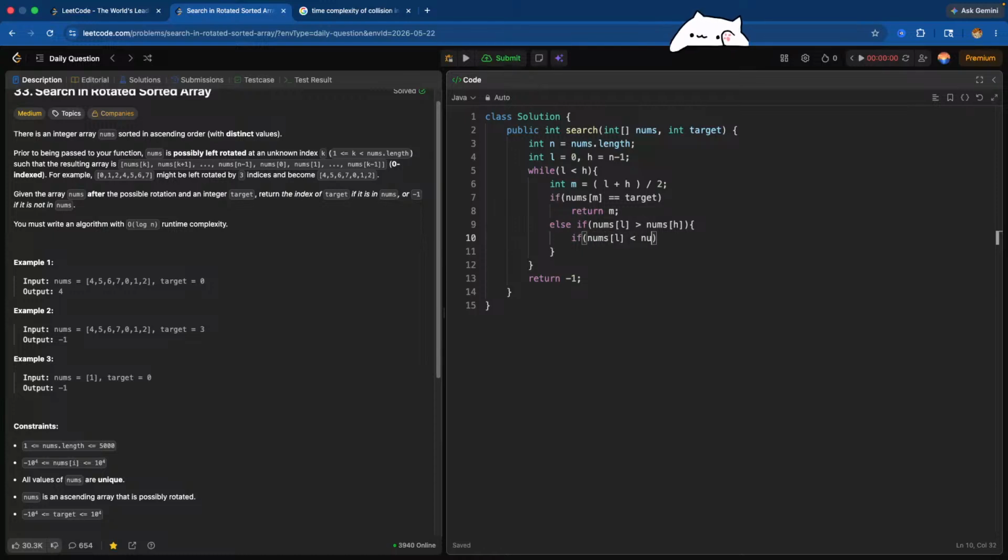If nums of L is less than nums of M less than equal to, and let's just see the solution, man.